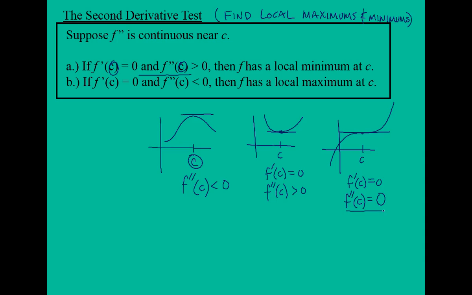If the second derivative test, when you plug in a critical number, gives you a value of 0, the test fails. Well, what do we have to do? We have to go back to the other way we were finding our local maximum minimums, looking at the increasing decreasing test.